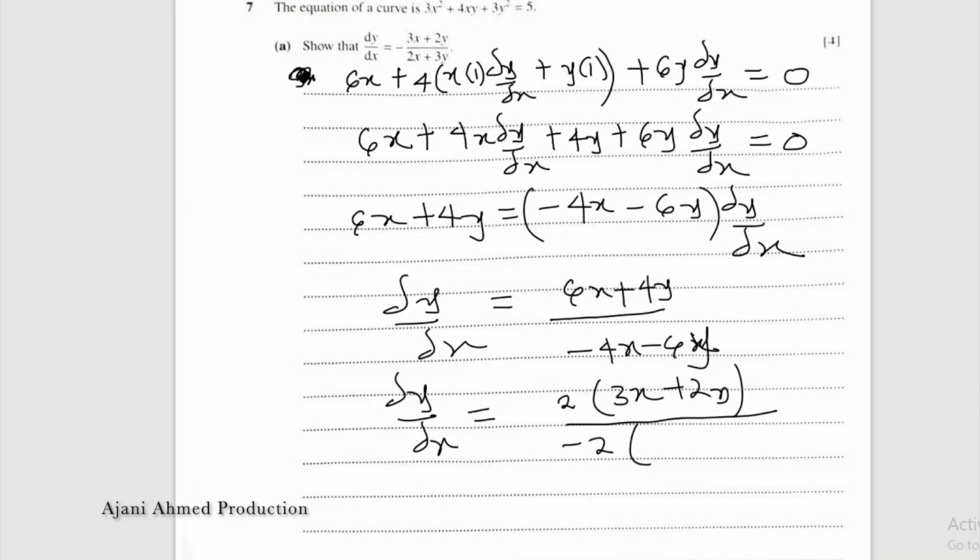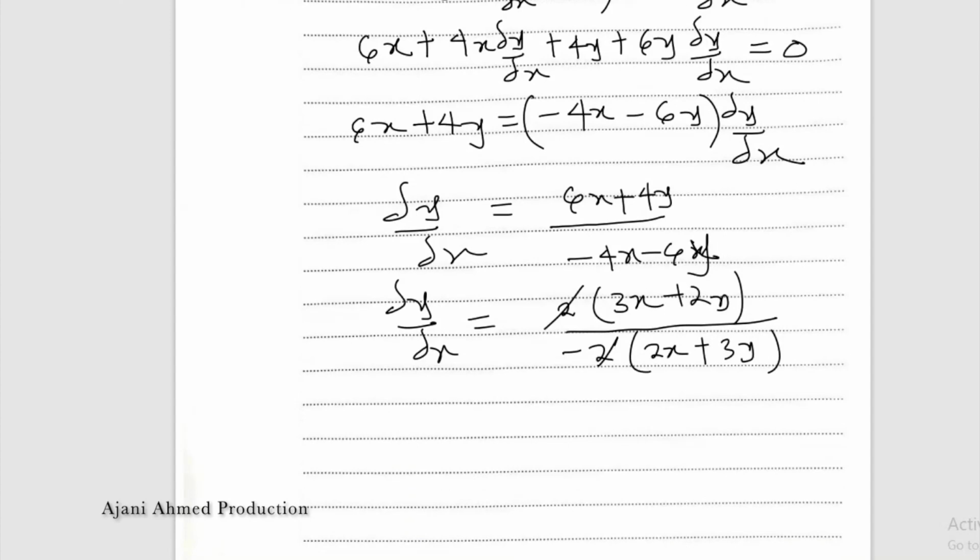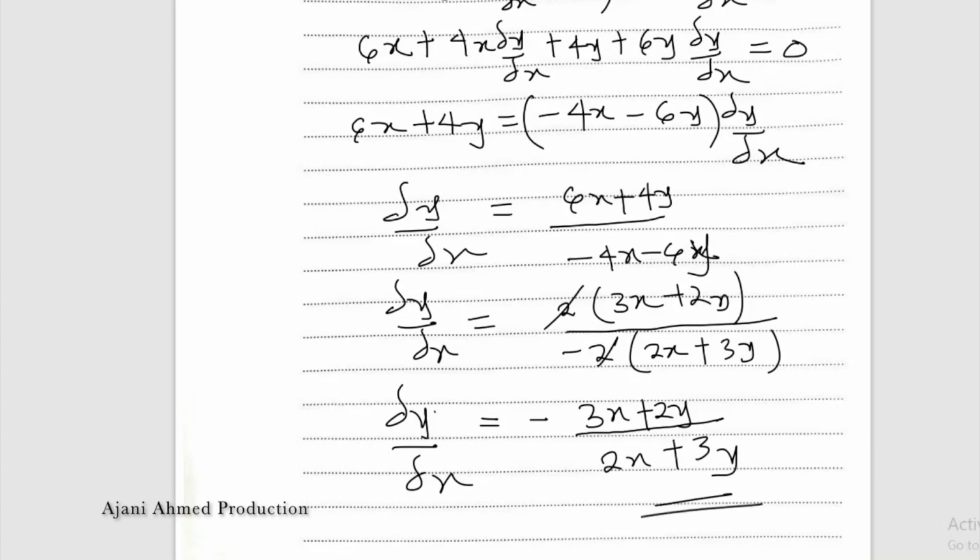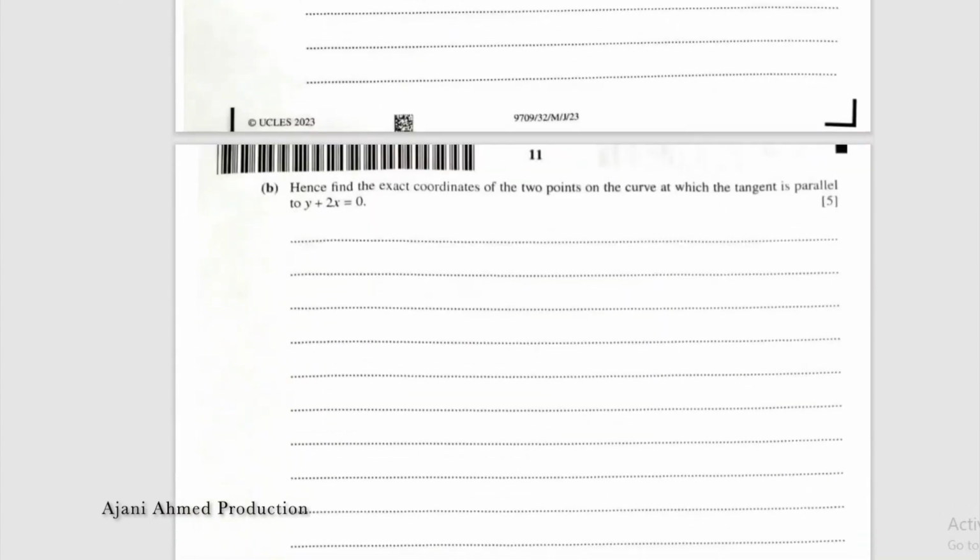We have 2x plus 3y. 2 cancels 2, so at the end of the day, dy/dx is minus 3x plus 2y all over 2x plus 3y. I think that's what they asked us to show. The next question, let's move.